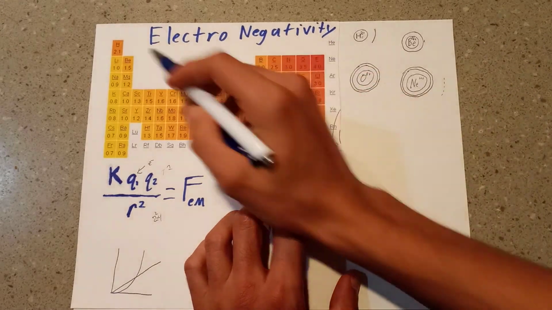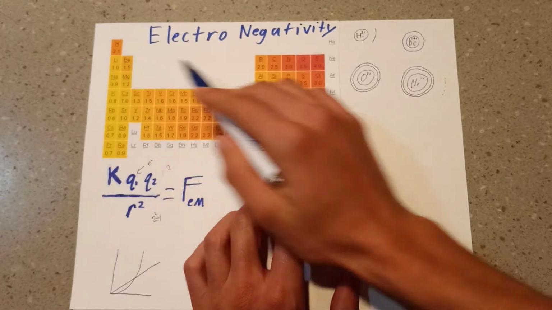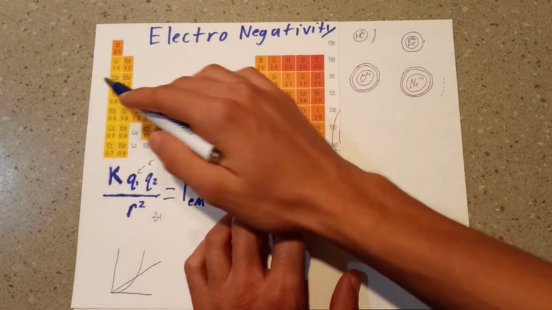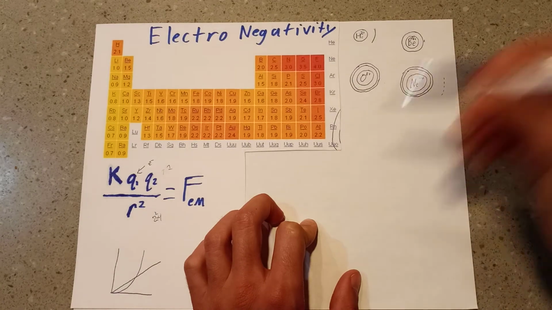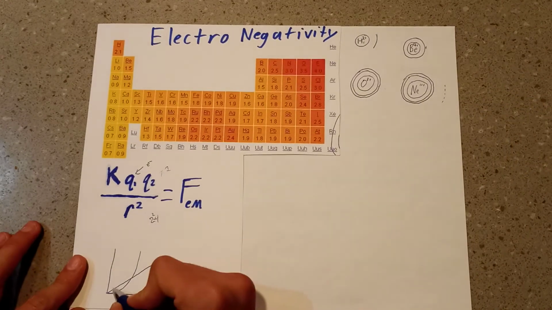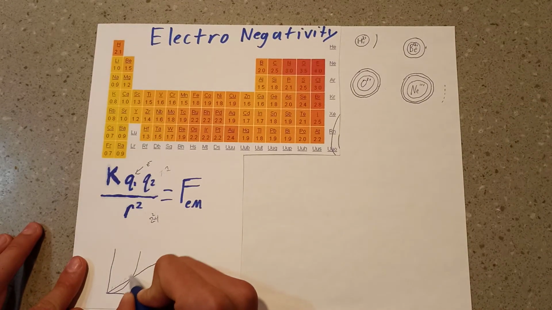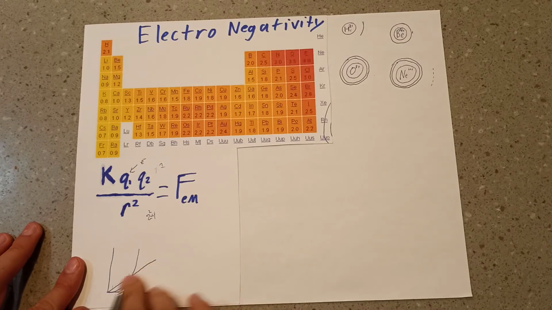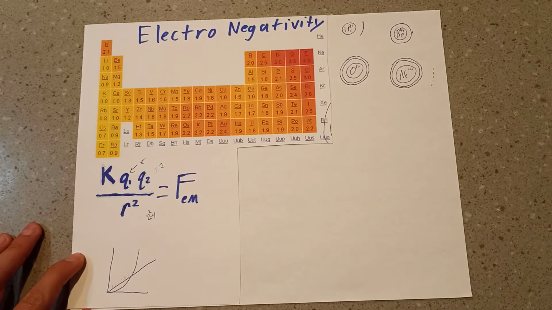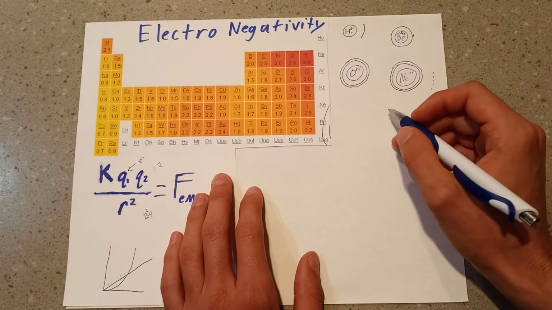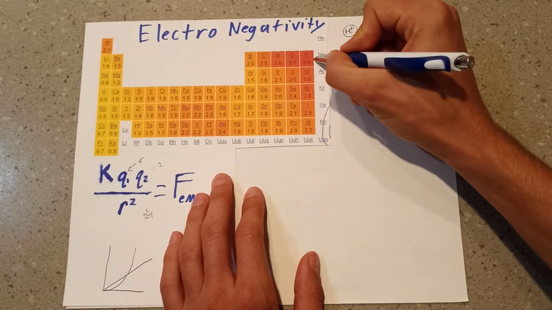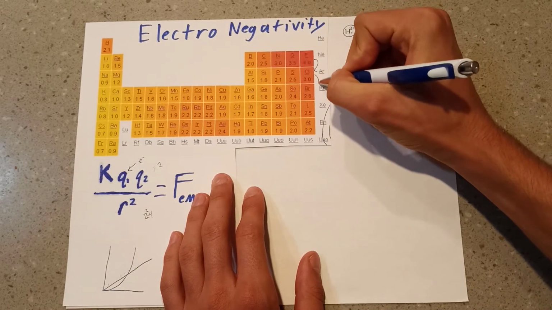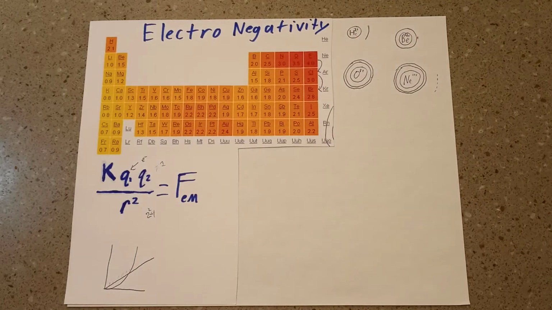So now I'm just going to try to wrap this up. As you move along here, from here to here, you're getting a linear increase. You're getting a 1 by 1, 1, 2, 3, 4, 5, 6, 7, increase in your protons in the nucleus. And we know that each jump from here to here, each new shell, I don't know by how much it gets bigger, but the idea is it jumps a lot.